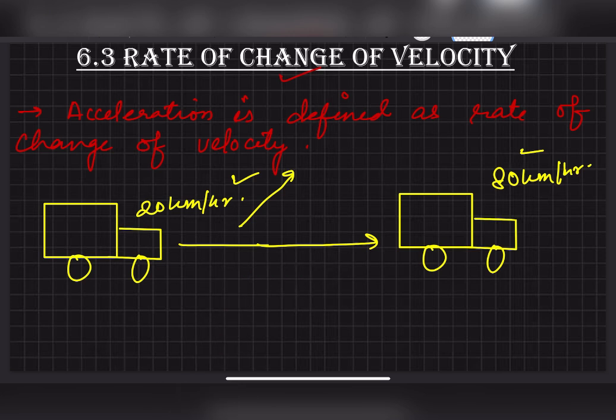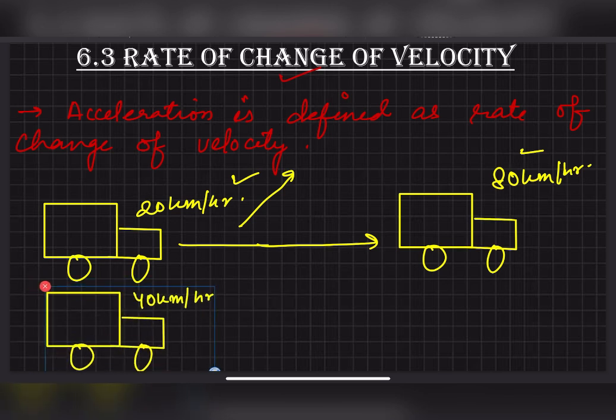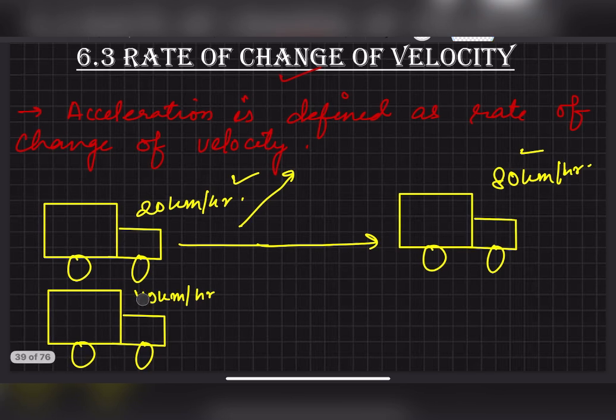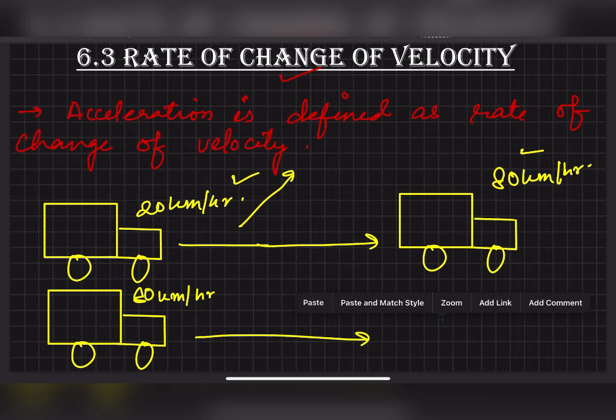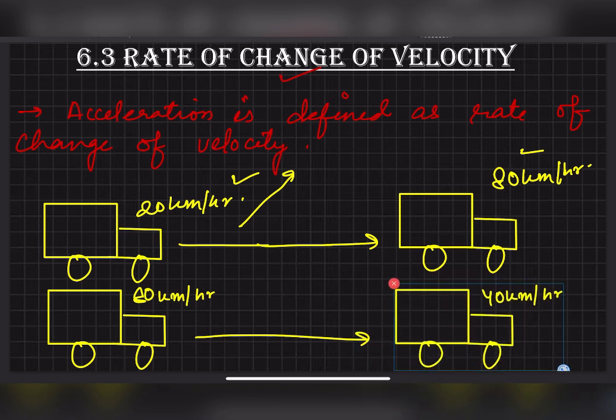Now let's come again. Let's say you are driving at 80 kilometer per hour. You saw police coming, and suddenly you reduce your speed to 40 kilometer per hour. Now speed changes from 80 to 40.